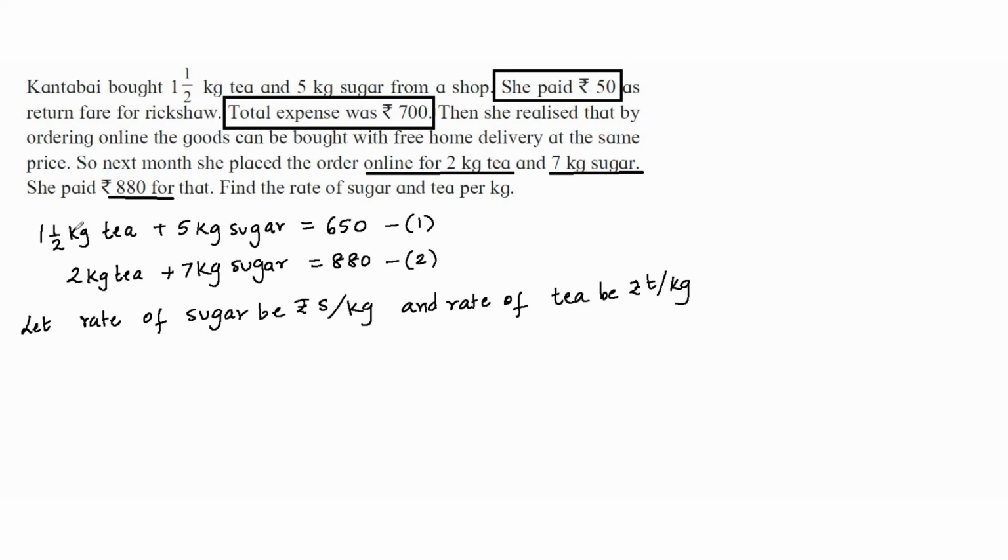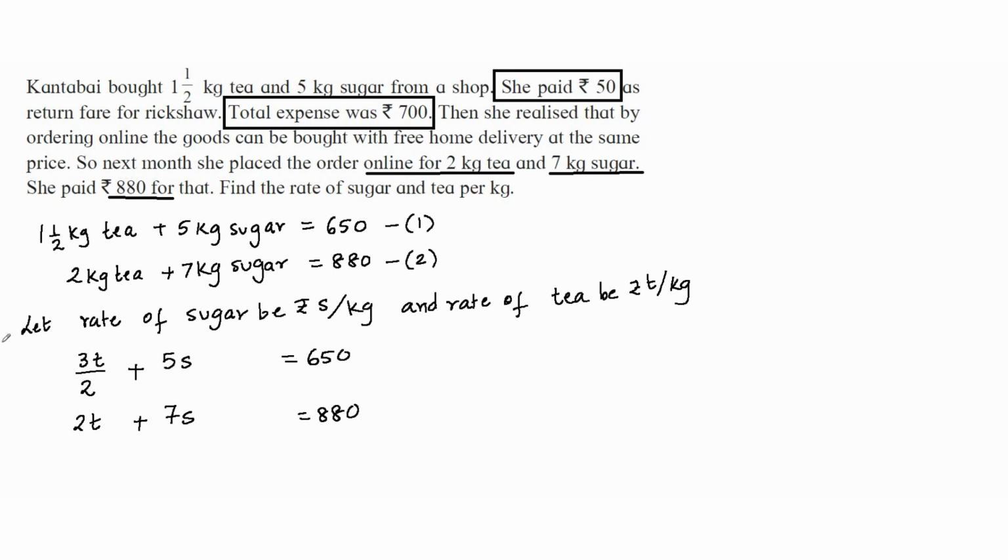Let me convert 1.5 into an improper fraction. So 1.5 is 3 by 2. So 3 by 2 times T plus 5 kg sugar, where each kg costs S rupees, so 5 kg will cost 5S, is equal to 650. And 2 kg tea, that's 2T, plus 7 kg sugar, that's 7S, will cost 880.